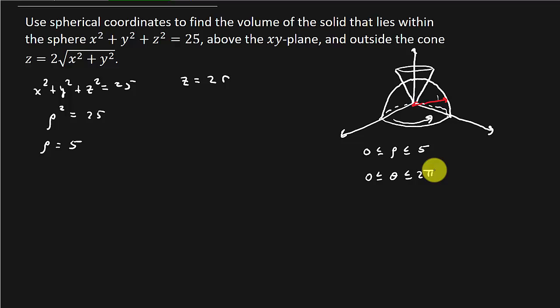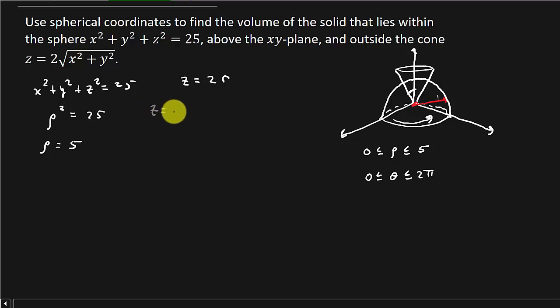Now, what we have to get here is phi, and that's this angle here. So how can we do that? Well, we have the equation of the cone here, z equals 2r. We remember square root of x squared plus y squared is r. So let's use the relationship between spherical and rectangular coordinates.